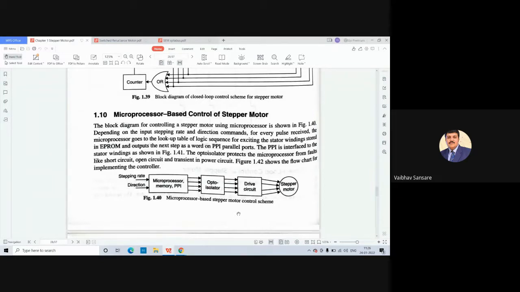So under these conditions, there may be chances of damaging the control circuits of the entire control strategy. So we have to provide a certain protection for these control circuits, and that protection is generally provided in terms of opto isolators.